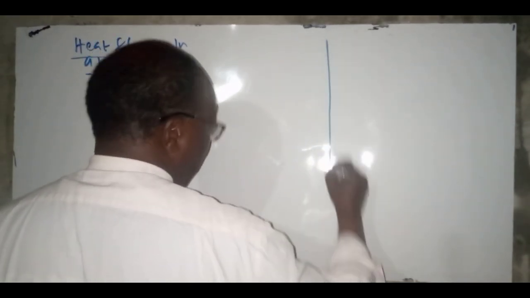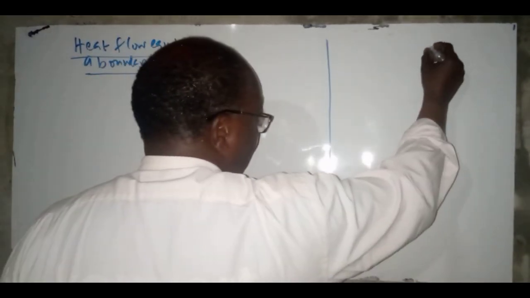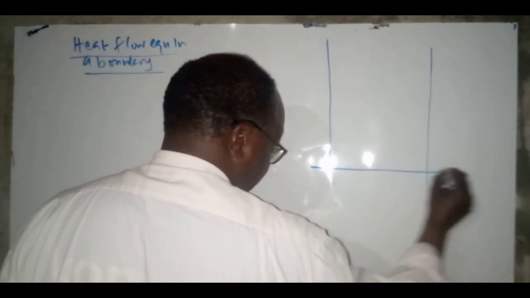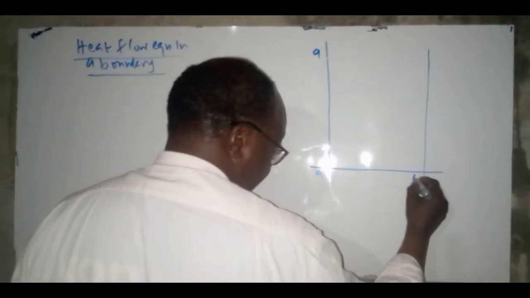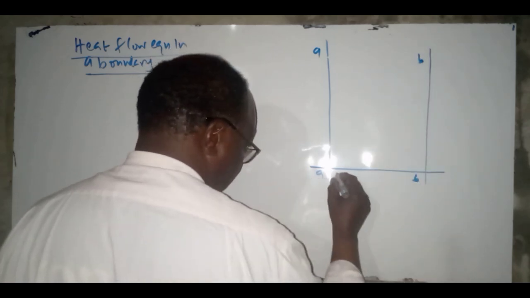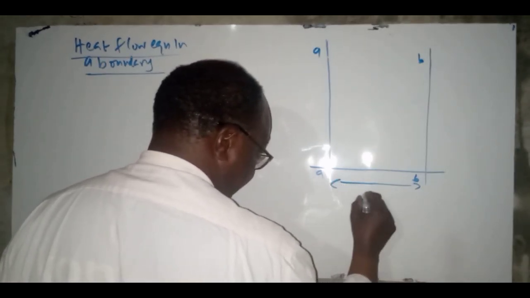Let's just draw the schematic for that. So we have our plate, with these planes AA, BB, and the dimension is dx.